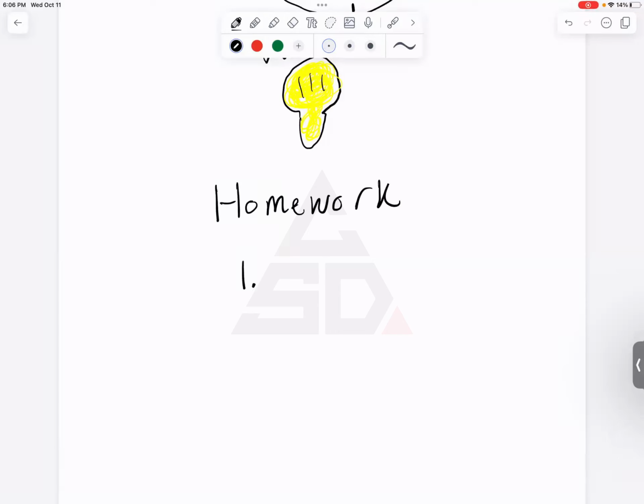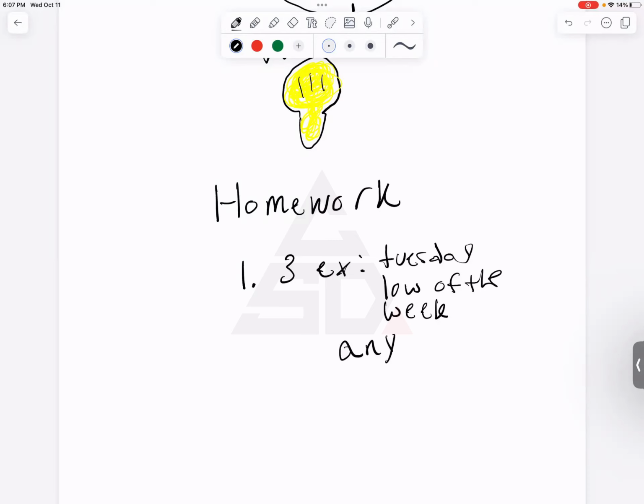Find me three examples of Tuesday's low of the week. It can be any pair.